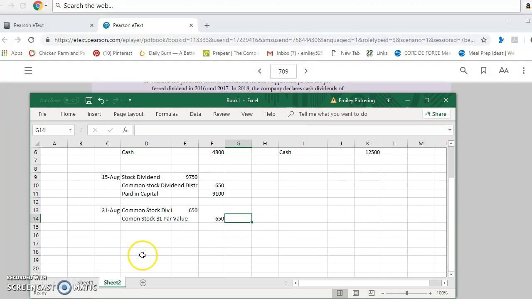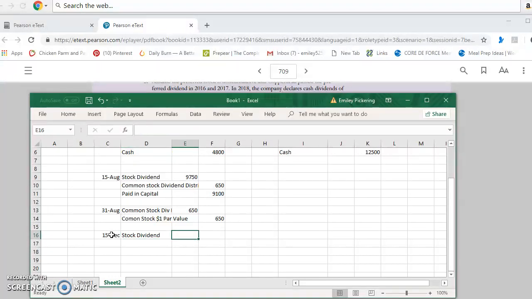So let's see what we got going on here. So I think it was 12/15 is when we declared it. So I'm going to say my stock dividend distributable, or well, let's do this, the debit side first.